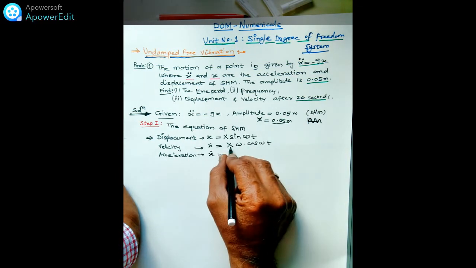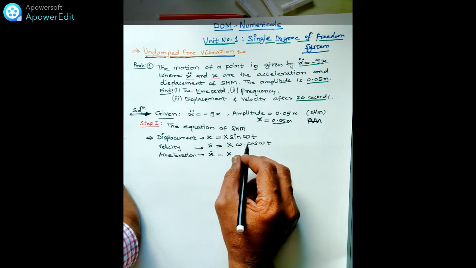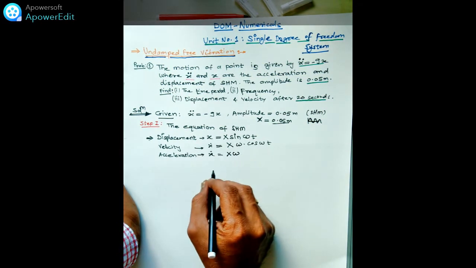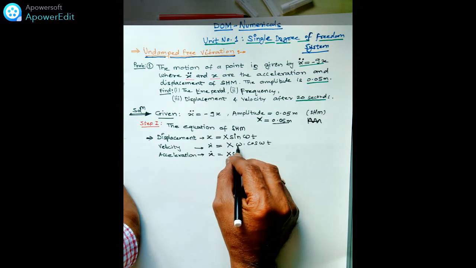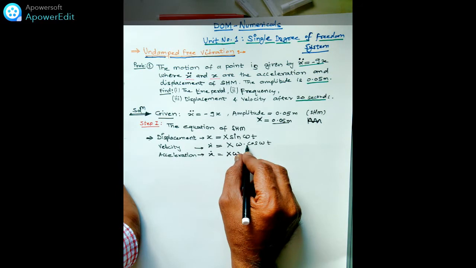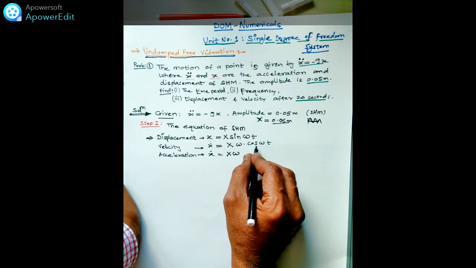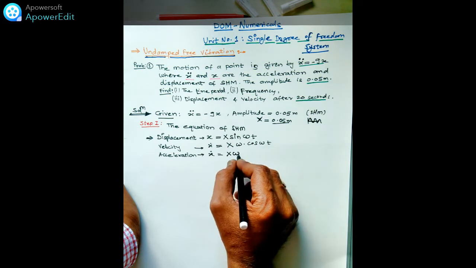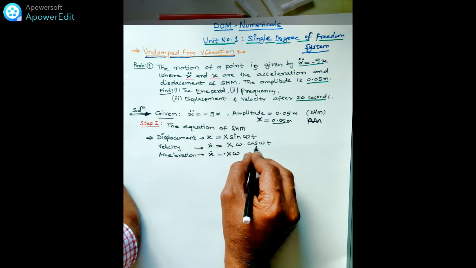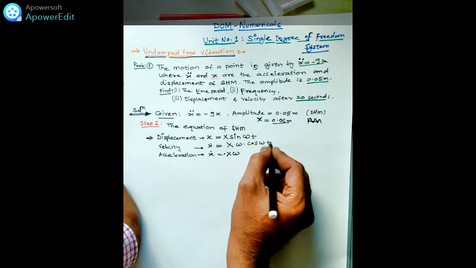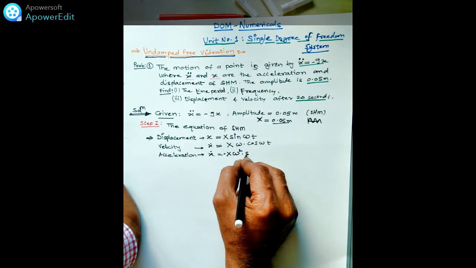The X will remain as it is, that is the amplitude, and omega is again here the same. The cos omega t, differentiation with respect to t, will become minus sin omega t. The omega will be written here, that's why it is square, into sin omega t.